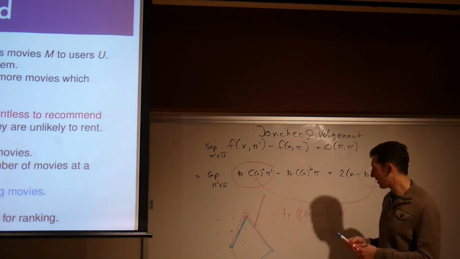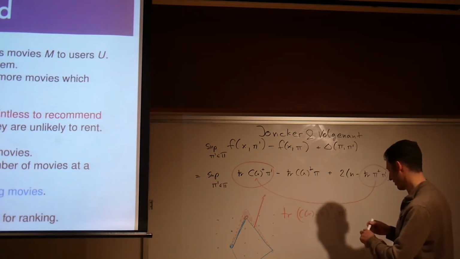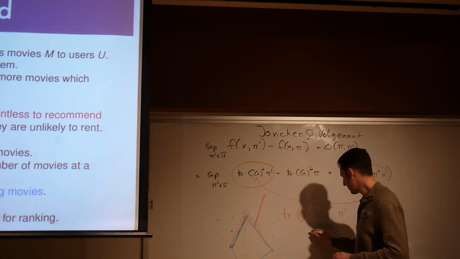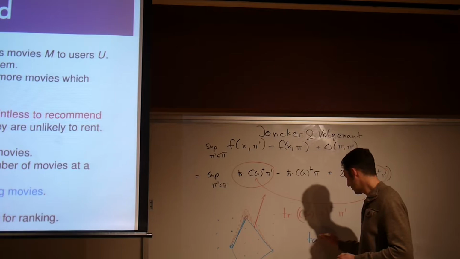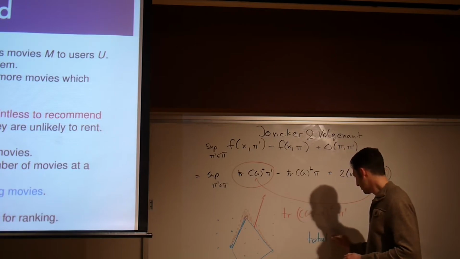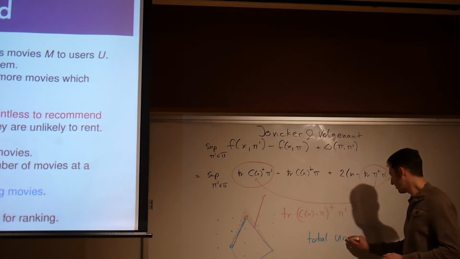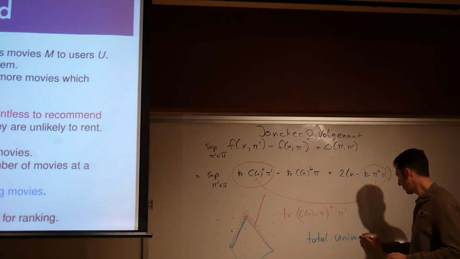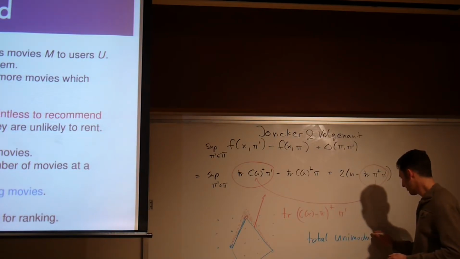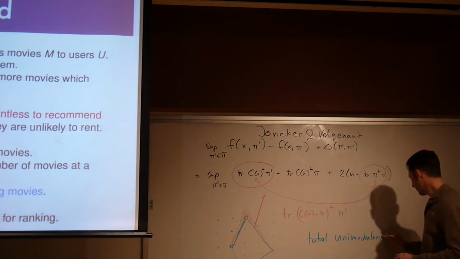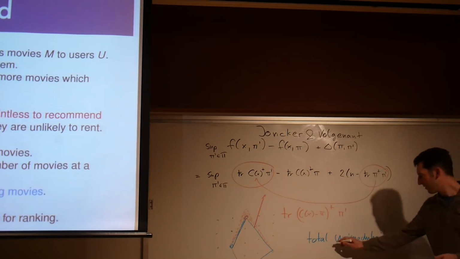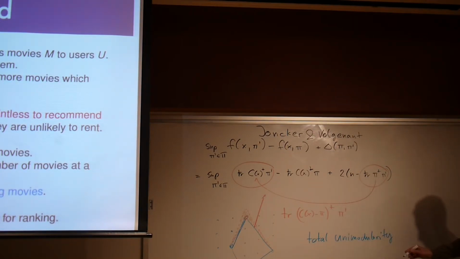So that's what goes under total unimodularity. It's a very beautiful property. If that isn't clear, by all means have a look at the optimization slide deck, and there's a bit more detail in there.